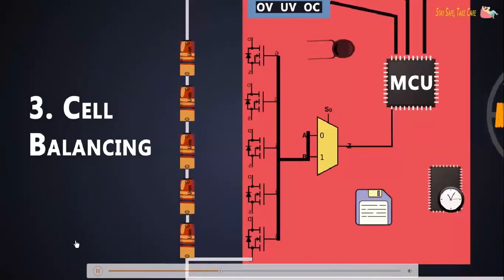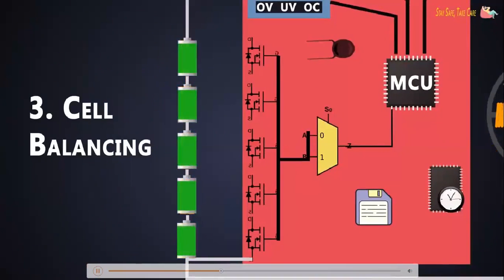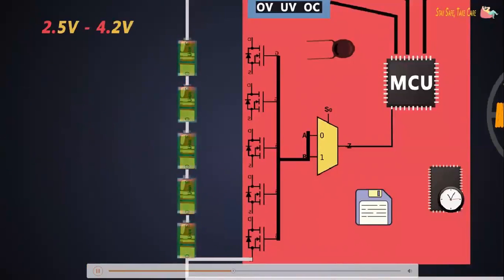Next comes the cell balancing. Generally, lithium-ion batteries are used in EVs. The voltage of a lithium-ion battery ranges from 2.5 to 4.2 volts, and it depends on the battery chemistry. As we saw last time, operating the battery outside its safe range reduces its lifetime. These cells are connected in series or in parallel.